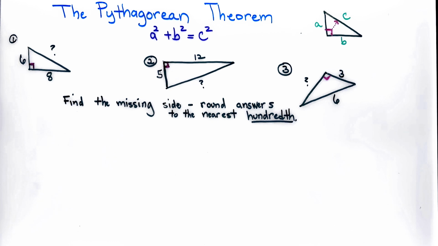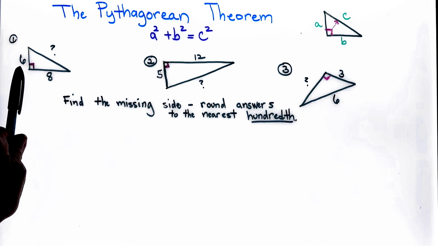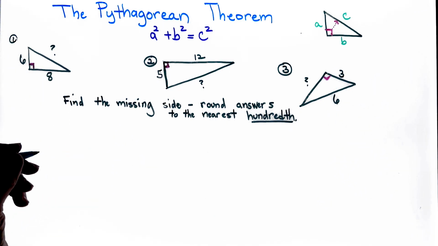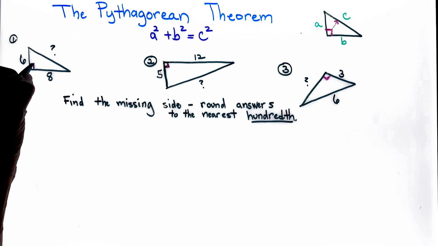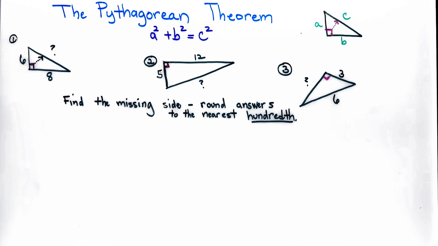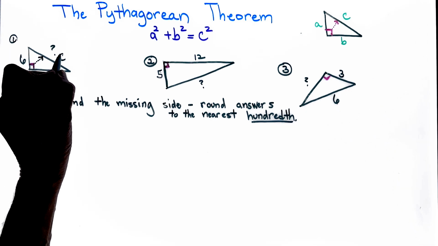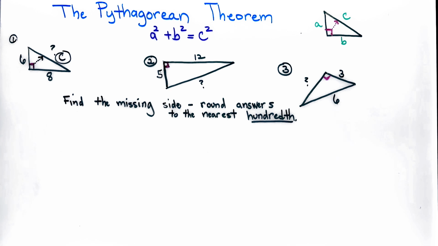Looking at number 1, we have 6 and an 8, and we're looking for this missing side. Again, I can walk across from my 90-degree box, and I know that I am looking for letter C here.